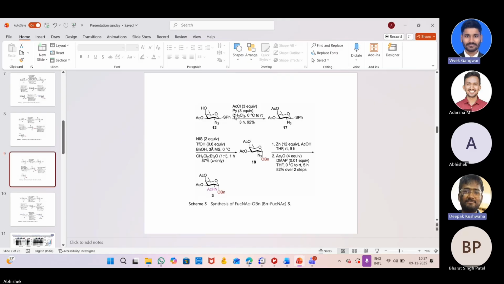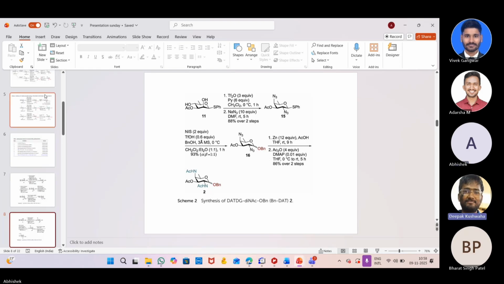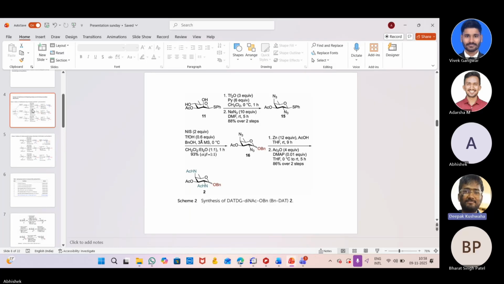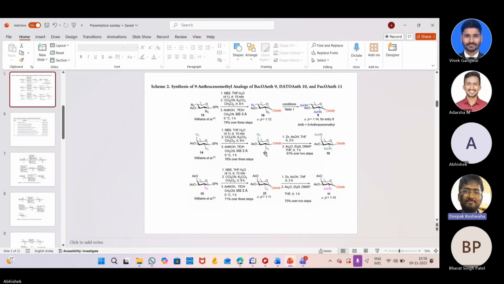Or is there any selectivity issue, alpha or beta? What I think is, if you see the benzyl group, they are doing it with thio only. But the moment they are moving to anthracene or naphthyl, maybe the promoter system is not orthogonal with the acceptor. Maybe it is reacting with the acceptor, or some side product may be forming. That's why they are converting into the TCA donors.